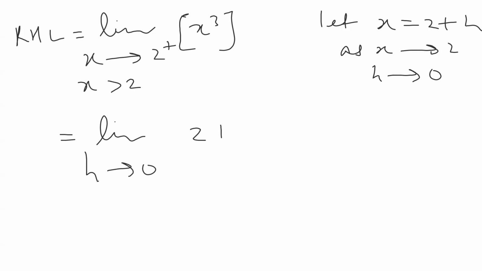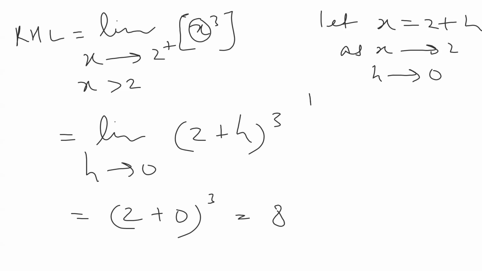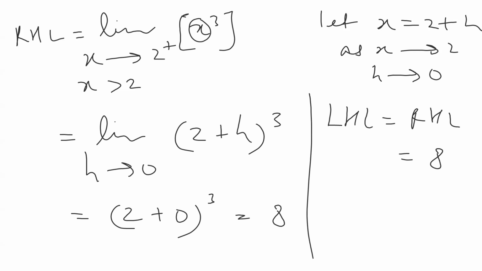Wherever there is x, put 2 plus h, the whole cube. So 2 plus 0, the whole cube, 2 cube, which is equal to 8. See here, LHL equal to RHL equal to 8. So the limit exists, because LHL and RHL are both well-defined numbers and both are equal. That is 8. So the answer for this particular problem is 8.